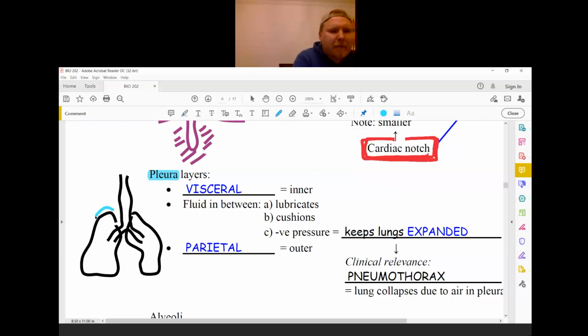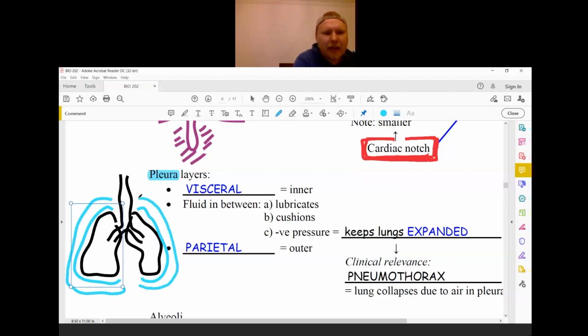And pleura is made of two layers, the more inner one being visceral and more outer one being parietal layer. And in between these two layers, we end up finding fluid.